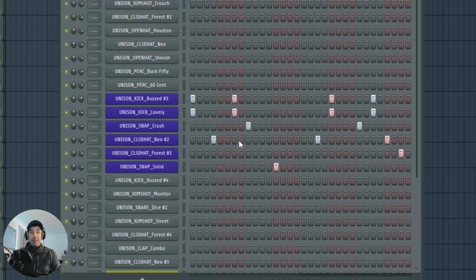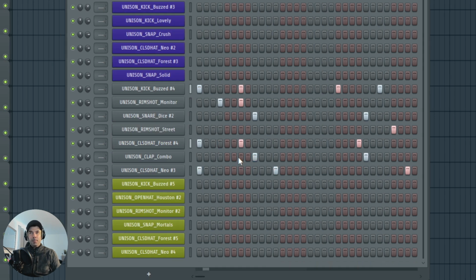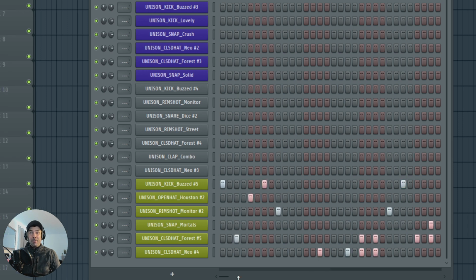Drum pattern 3. Drum pattern 4. Drum pattern 5.